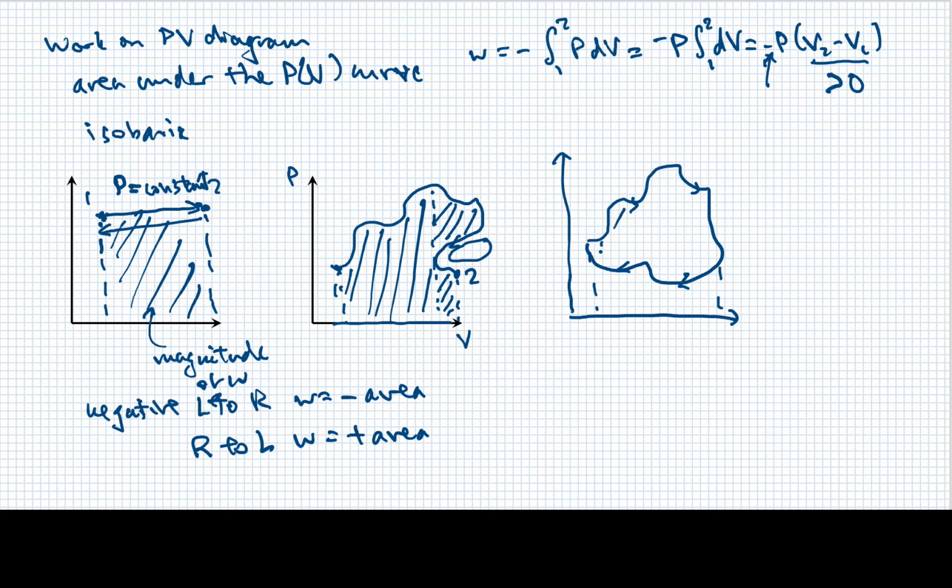So when these two cancel each other out, we find that actually the net work is equal to the area inside this, and it will end up being a negative area because the higher curve was the one going from left to right. I probably told you more than I needed to tell you at this point, but what we can see is these PV diagrams are remarkably useful when we want to talk about different kinds of processes that are reversible, so that we can describe the path that connects the initial point to the final point.